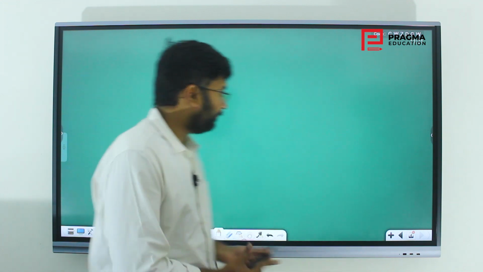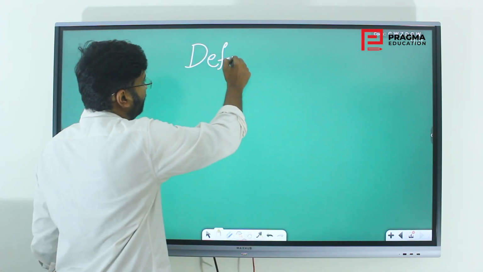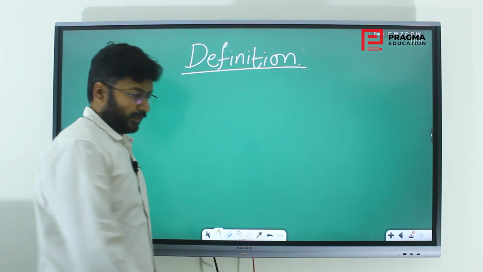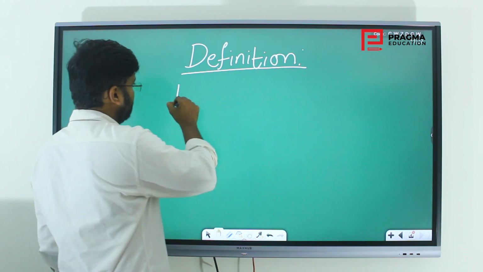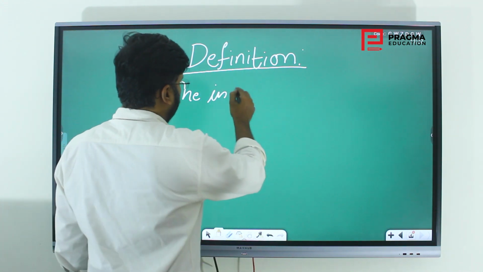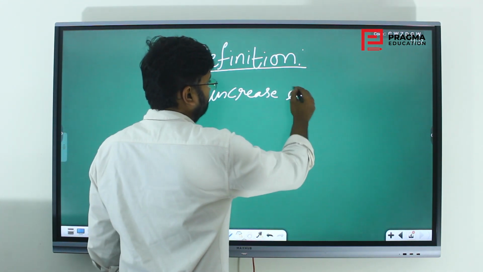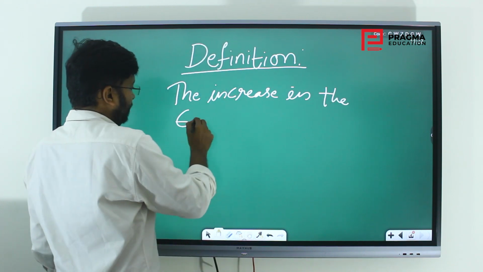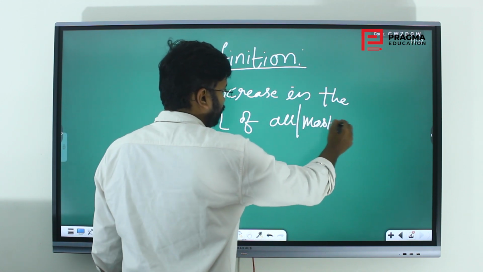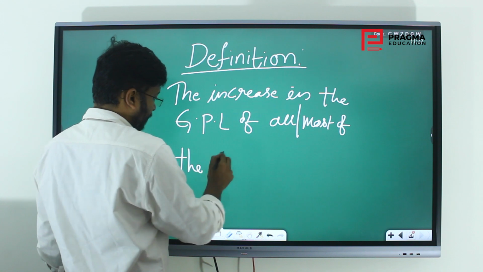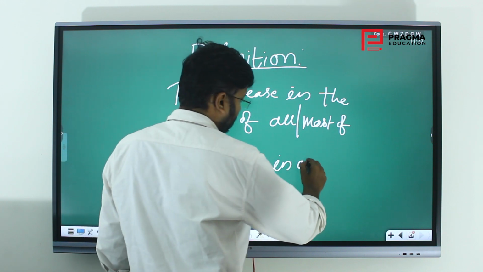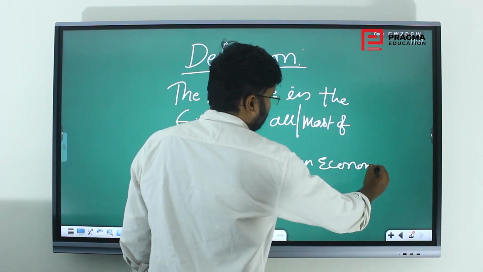So let us enter into the world of inflation through the definition. So what is the definition of inflation? It is the increase in the general price level of all or most of the goods and services in an economy.